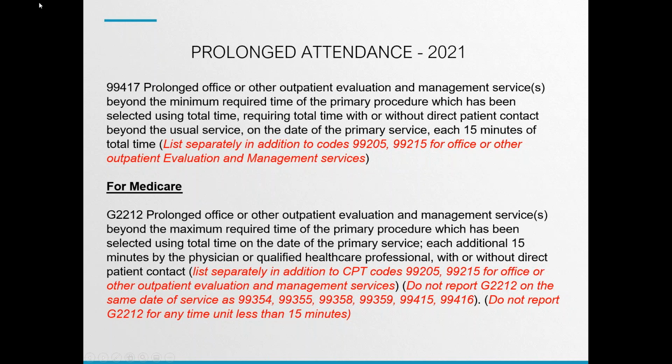So again, you can only use the 99417 once you pass the threshold of your 99205 or 99215. And notice it's for each 15 minutes of total time that's over and above that highest level of E&M. For Medicare, the code is a HCPCS code. It's G2212. And again, you first have to reach that highest level of service for either new or established before you can report it.